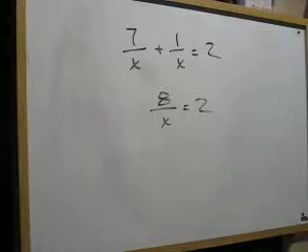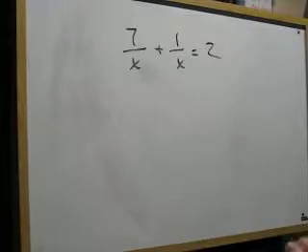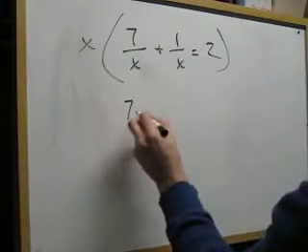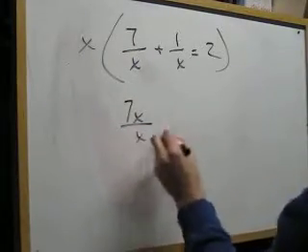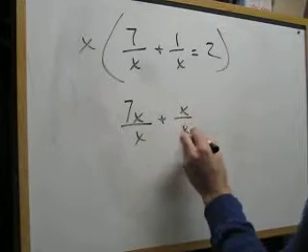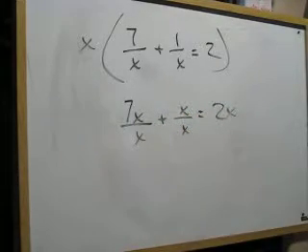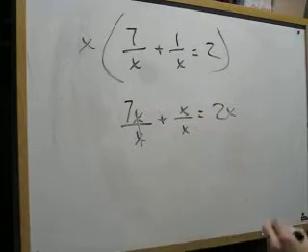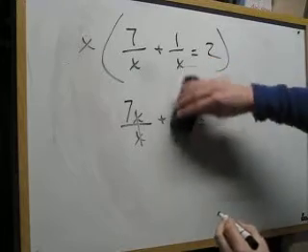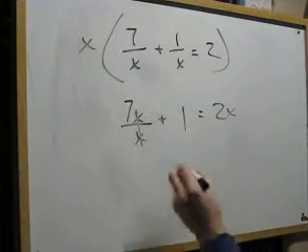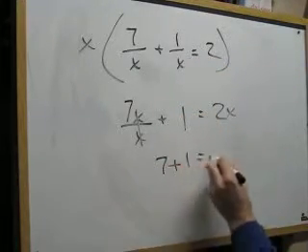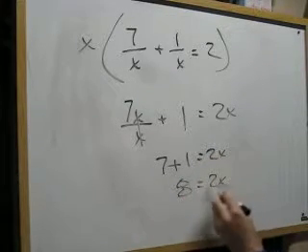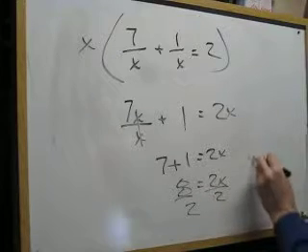But if we were to rewrite this and multiply the whole thing by the common denominator, we'd get 7x over x plus x over x equals 2x. That would cross those out. Remember, x over x is 1. It doesn't just disappear. So x over x, that becomes a 1. So we end up with 7 plus 1 equals 2x. So 8 equals 2x.